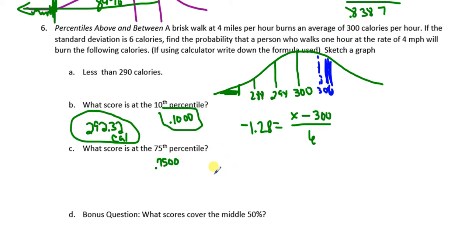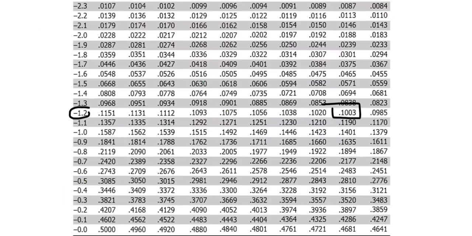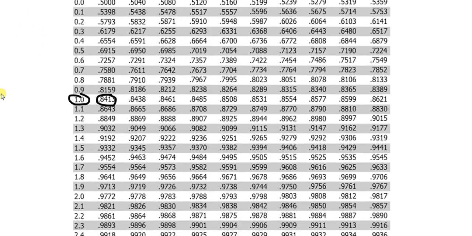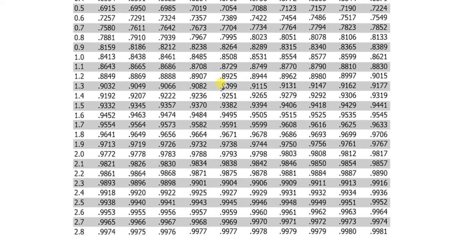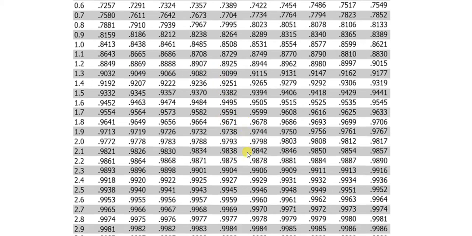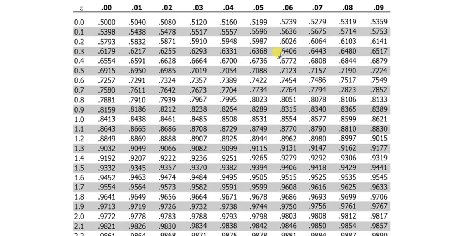So the 75th percentile, look that up on my z-table chart, and it's going to be on the positive side. Here's 96. Oops, I'm going the wrong way here. All right, 77, 73, 74, 74, 75. So it's right in between.